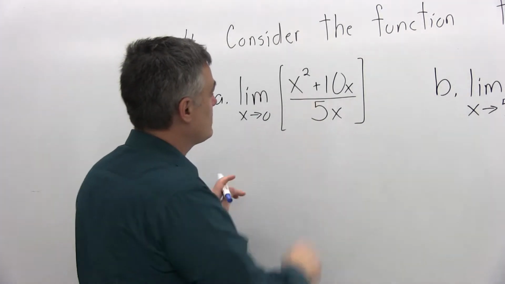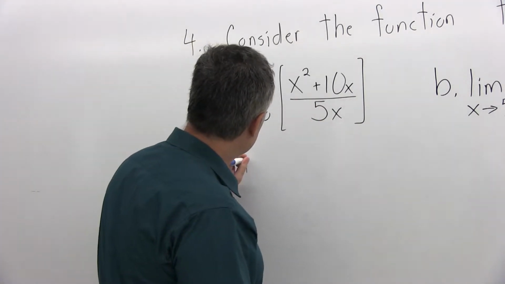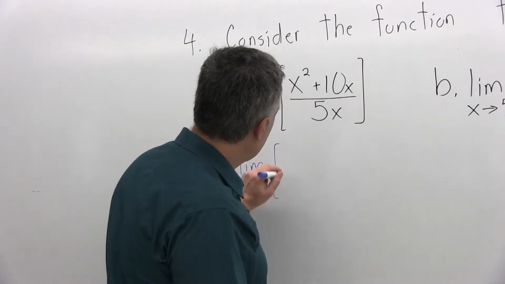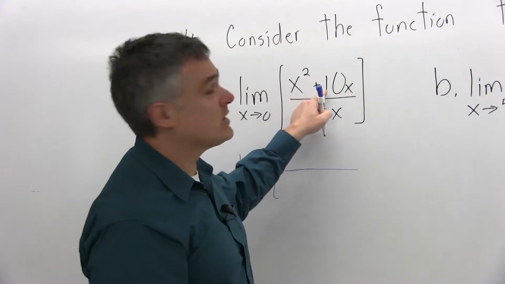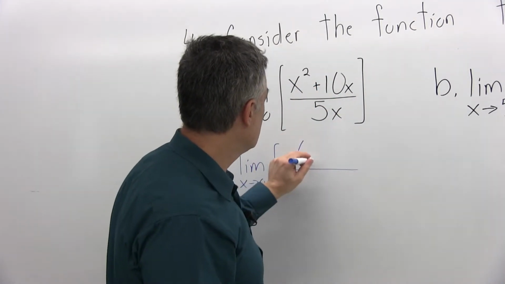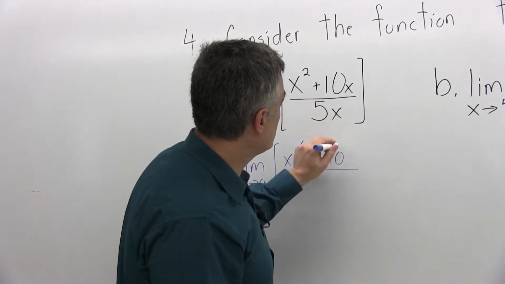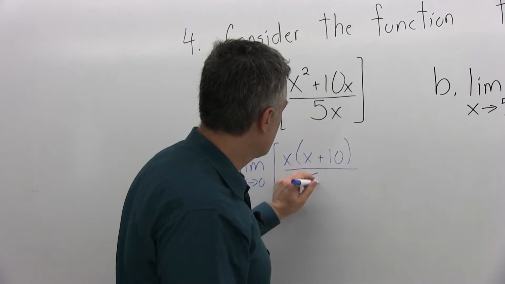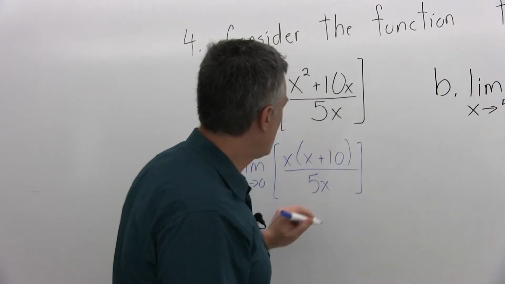But what I have to do is really take the limit as x approaches 0. And in the numerator, x squared plus 10x both have an x. So I can pull an x in front of the parentheses and make it into x times x plus 10. The 5x is still in the denominator.